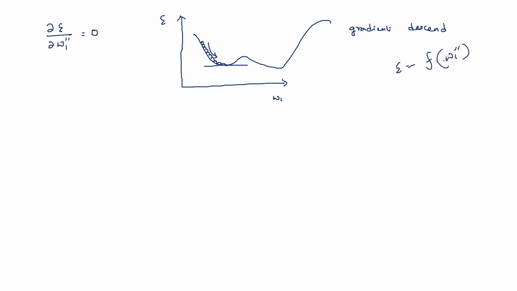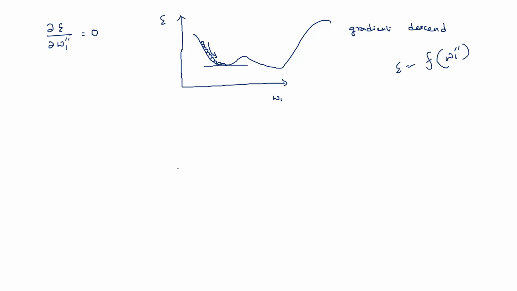So I forget about it. I start with some particular value of W1, all the other W's and X's remaining the same. I choose a value of W1 double star, and based on that, I calculate the error values.